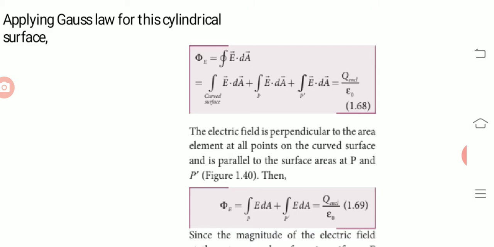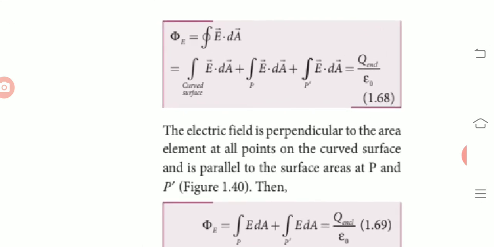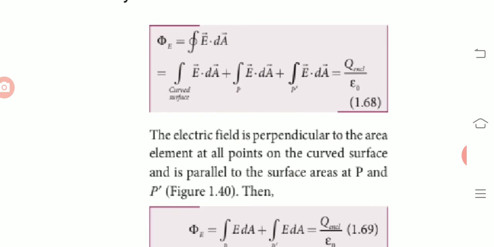Then the total is the integral over the curved surface of E dot dA, plus the integral over the right side Gaussian surface P of E dot dA, plus the integral over the left side surface P dash of E dot dA, equal to, from the Gauss law, Q enclosed divided by epsilon naught. Q means the charge of the sheet.